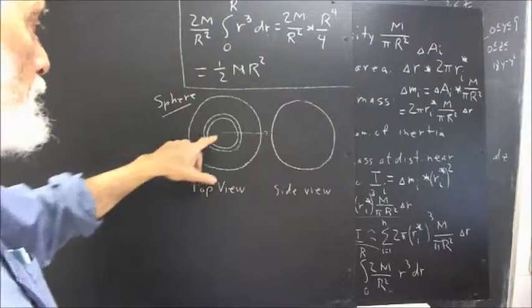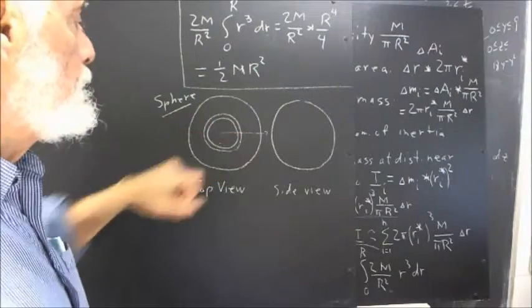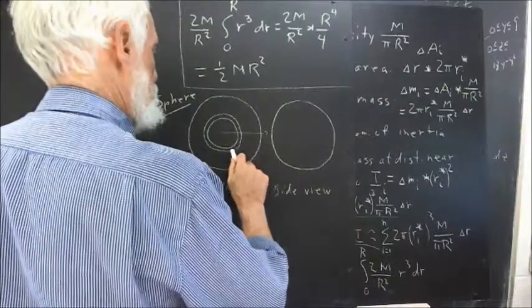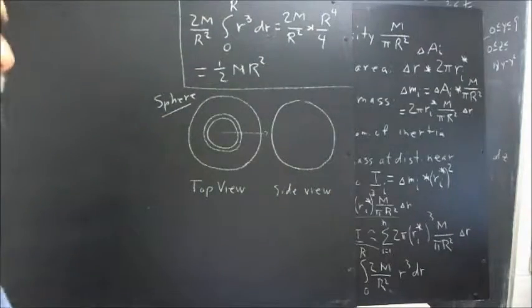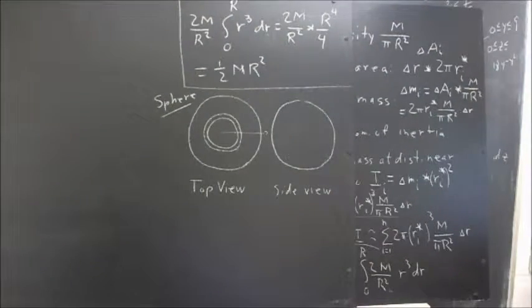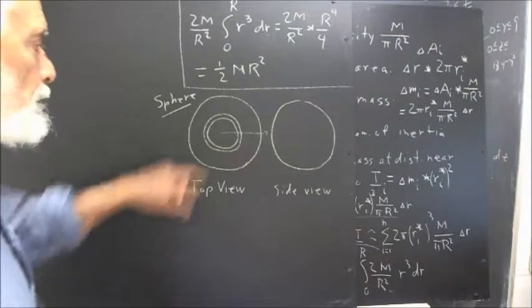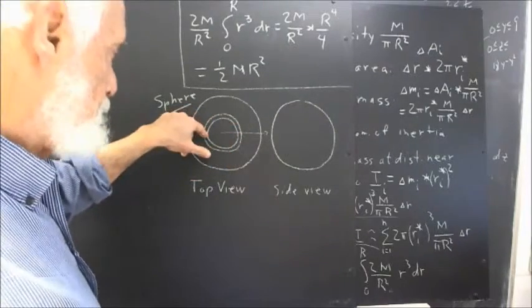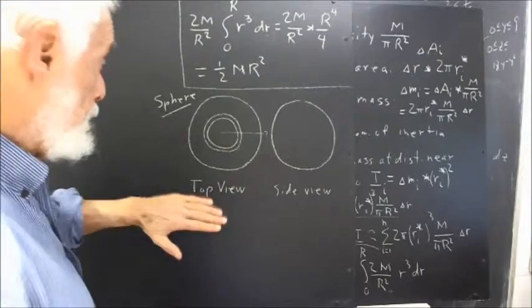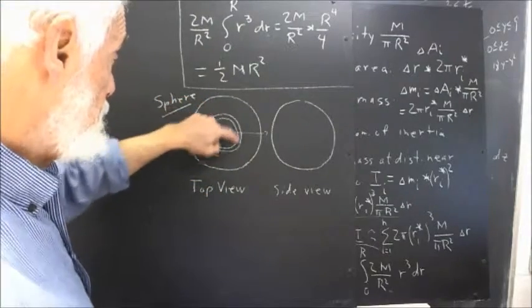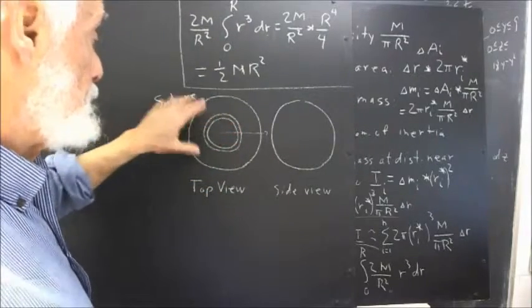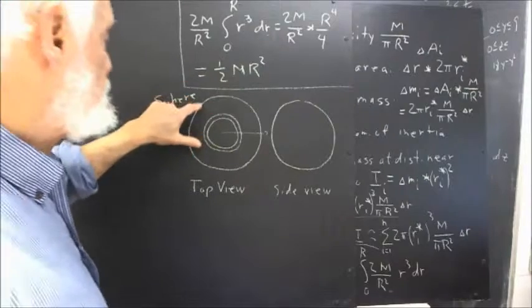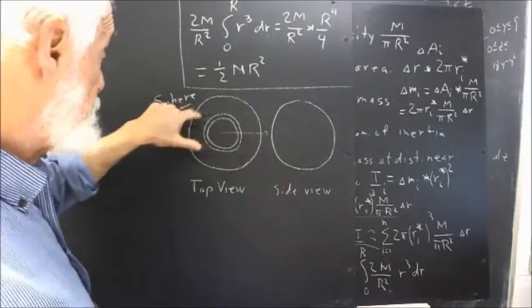However, unlike a disk, we don't have a uniform thickness corresponding to this ring. The disk is flat, has a uniform thickness, so we can treat this as a constant. We can treat the density as a constant surface density.